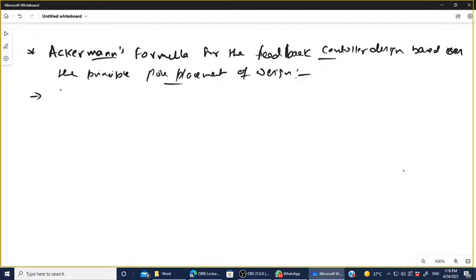In the case of the matching coefficient or the CCF transformation method, you have to adopt a tedious or complex formula. In the case of the Ackermann formula, you just apply a single formula to find the feedback control gain matrix.